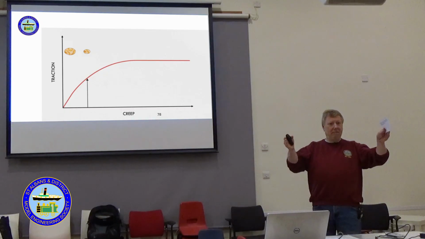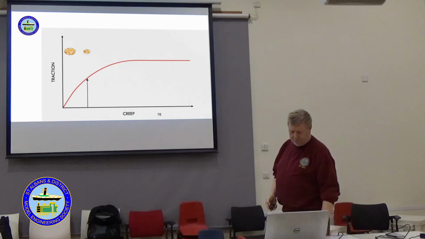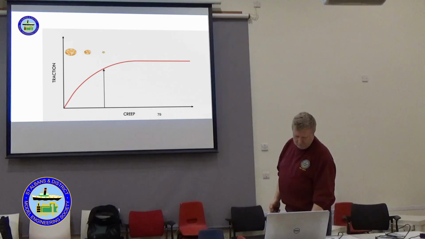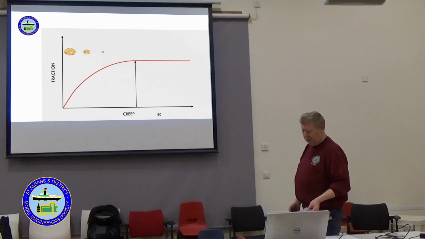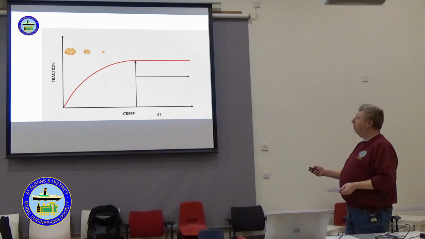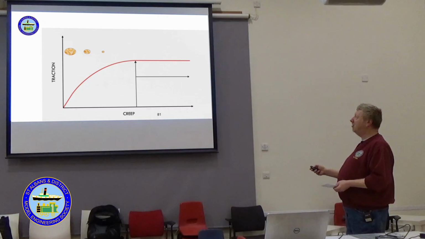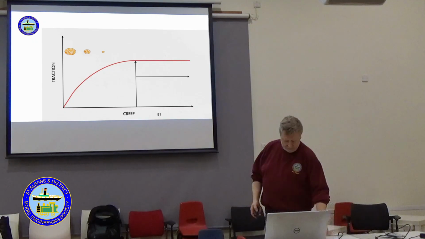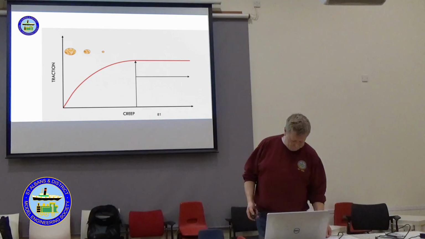Imagine that zone I showed you where it's actually sticking getting smaller and smaller and smaller, until you get to a point at the top where you've got maximum creep. It doesn't matter how much more traction you put on, it just is slipping after this. Totally, 100% slipping. So the wheels just spin and spin and spin and never create any more traction.